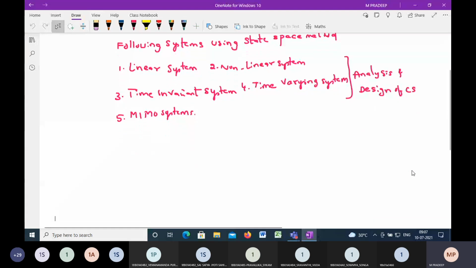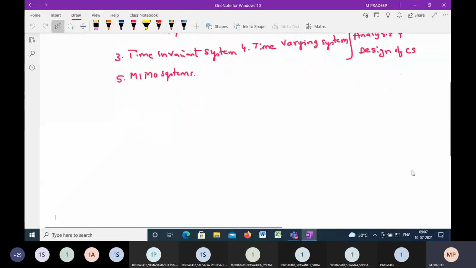So in this case, what is the analysis which we are going to consider by using the state variable approach? This particular approach is a modern approach.